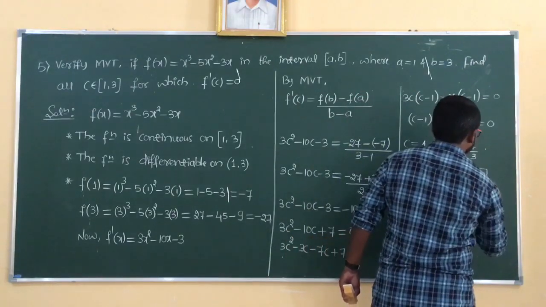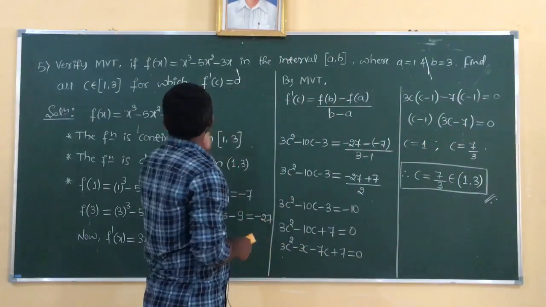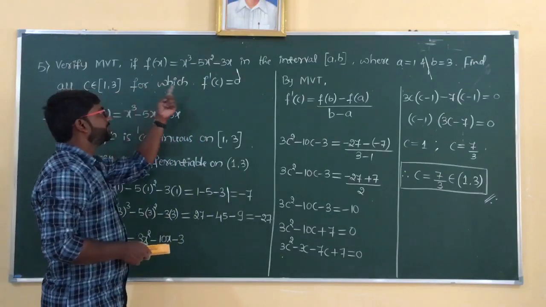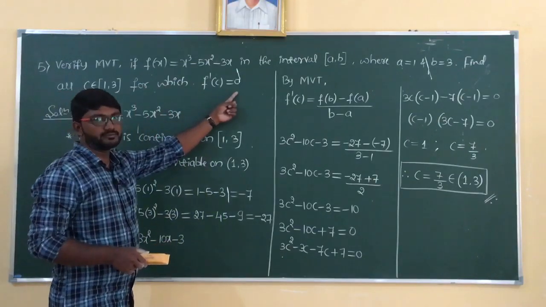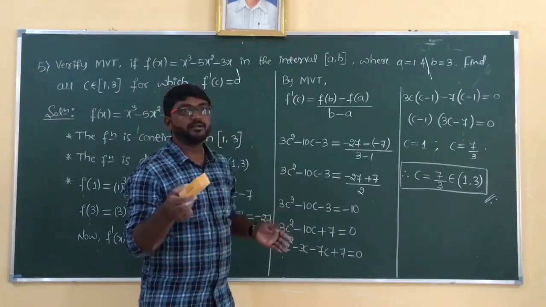We have one more part in this question, that is find all c belonging to the closed interval 1 comma 3 for which f dash of c is equal to 0. You will have to take that as an assignment, the sixth problem.